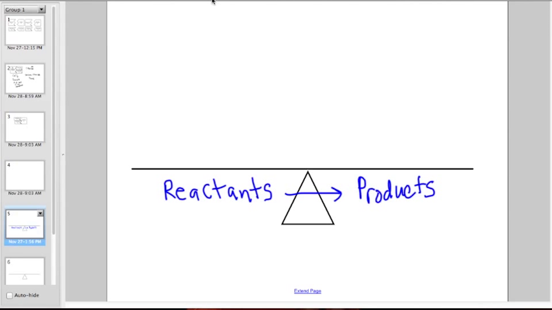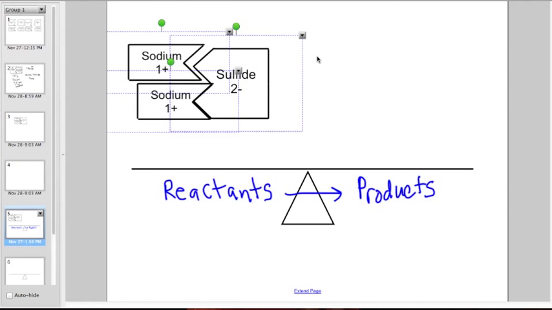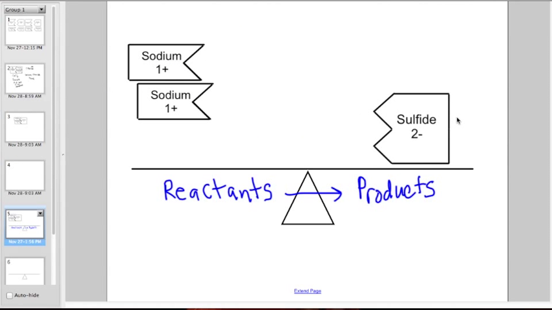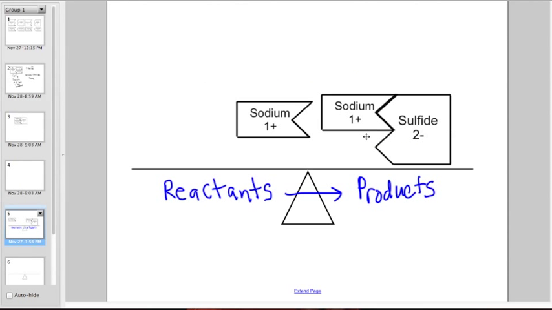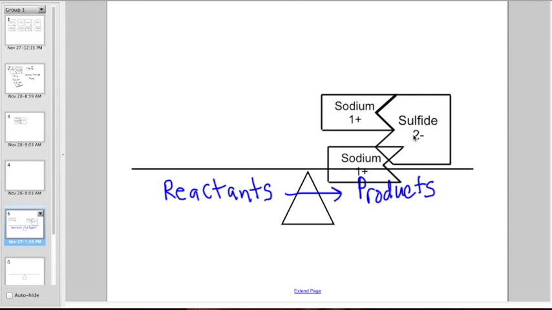And so, if I'm asked to make sodium sulfide, drag these over. We made sodium sulfide, but if you remember what happened, I didn't start with that. Wow, this is really quite lagging. I apologize.